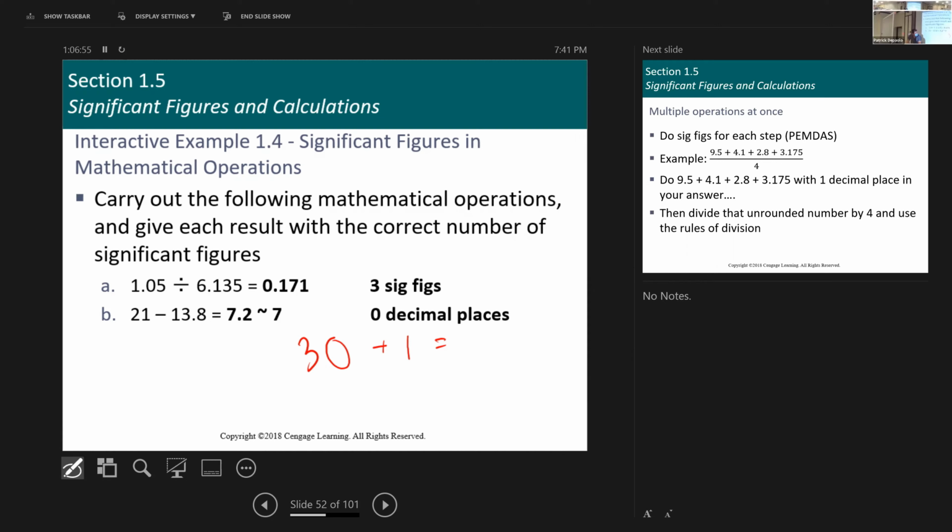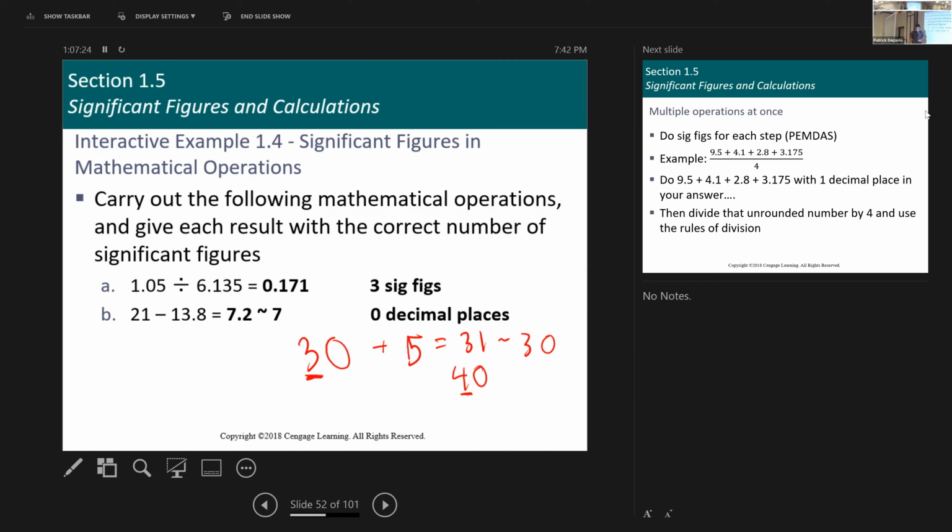So it would be 31, but you have to round down to 30 because your least sensitive digit is the tens place. So that's another thing you have to keep in mind. They try to throw curveballs like that to you on the homework. If this was a 5, what would the answer be? 40. Good, 40, because the 35 rounds up to 40, which is to your tens place.